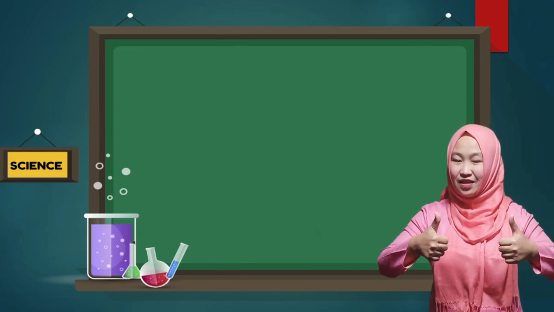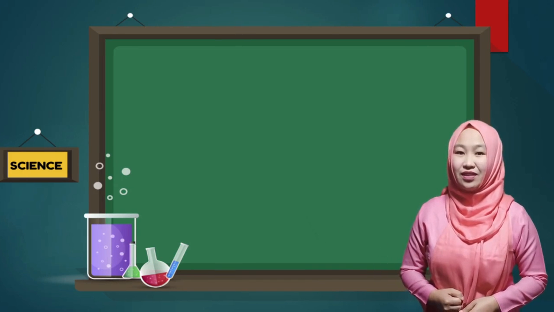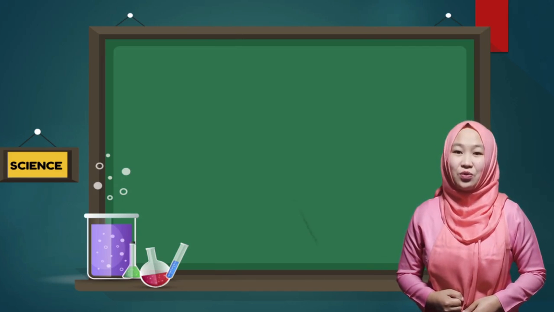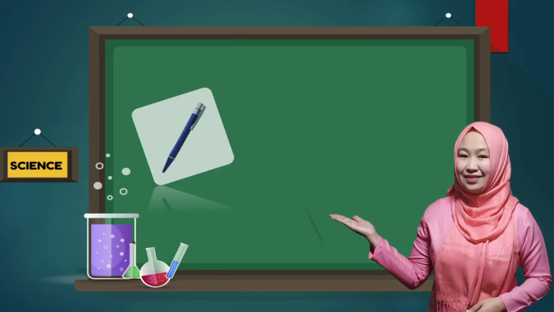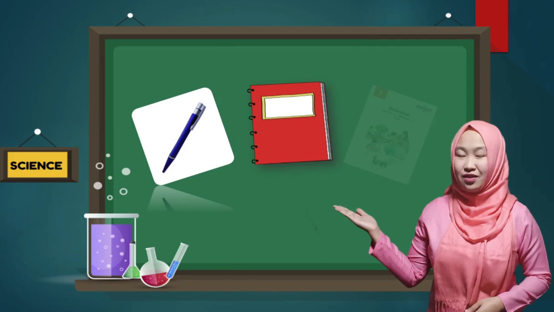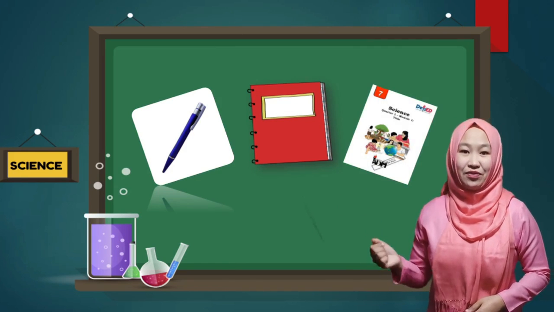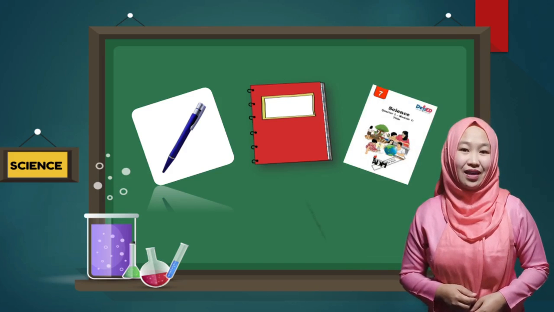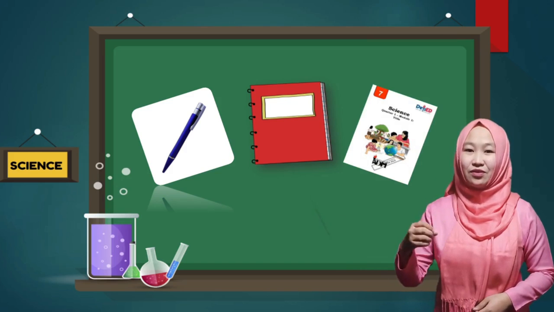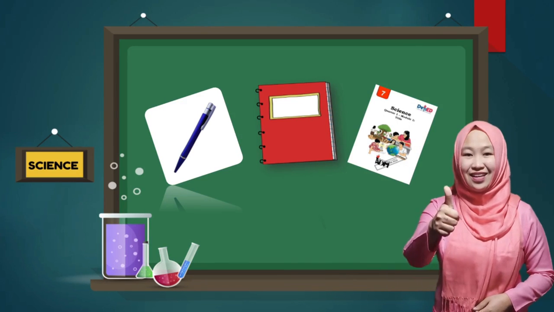Very good. Now, if you are ready, make sure that you have your pen, notebook, a copy of your Grade 7 science modules, and find a comfortable place where you can write down your answers. Okay?